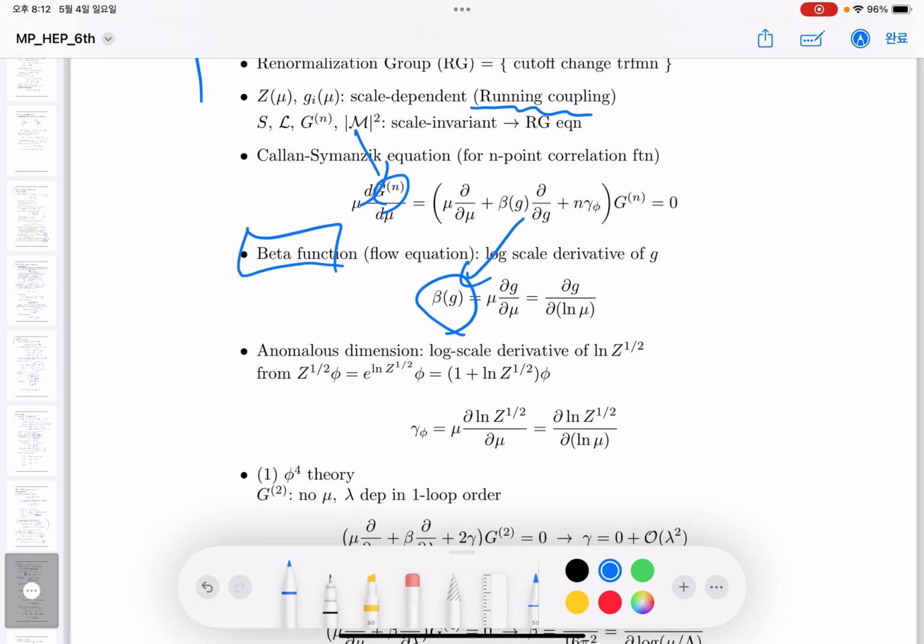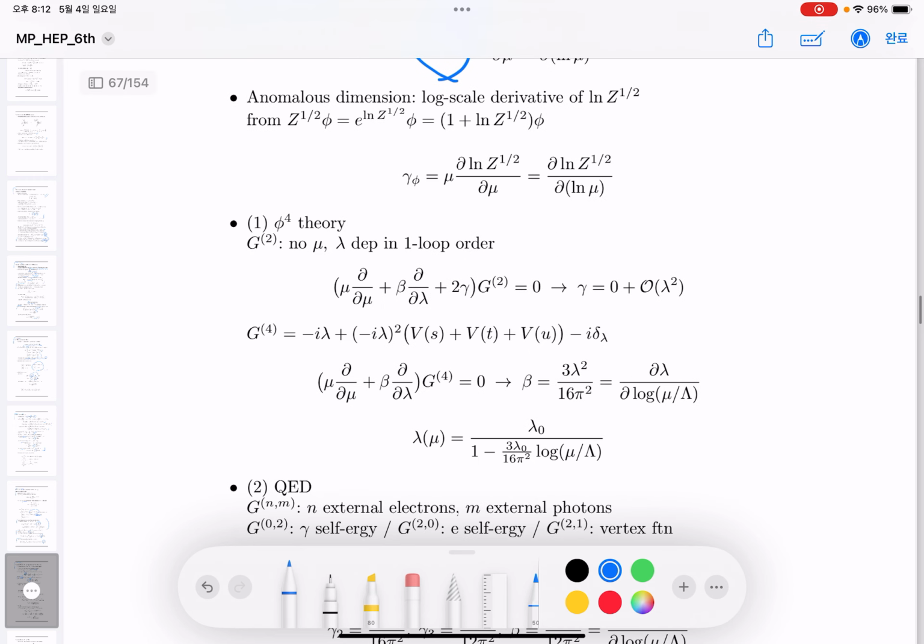Another coefficient of the Callan-Symanzik equation is the anomalous dimension, as differentiations of the renormalization factor with respect to the energy scale. For example, in the phi-four theory, we can find the anomalous dimension gamma and the beta function by evaluating G2 and G4 and differentiating with the Callan-Symanzik equation.